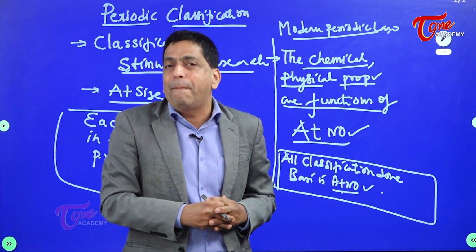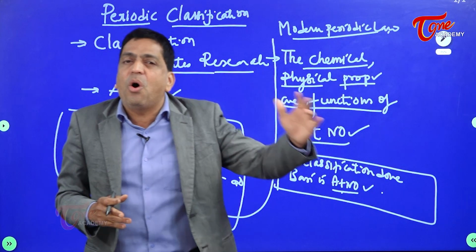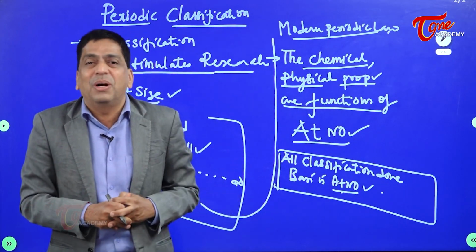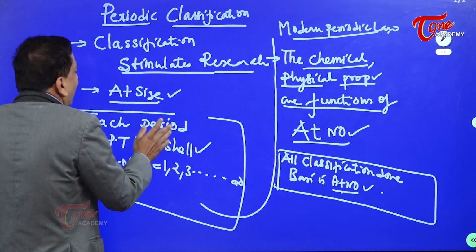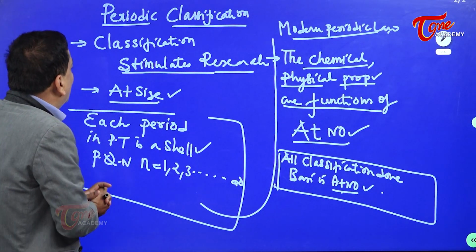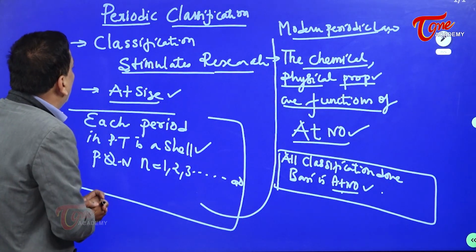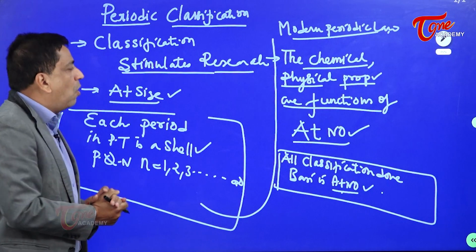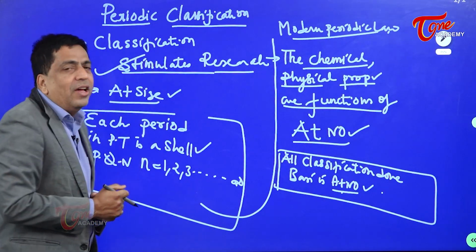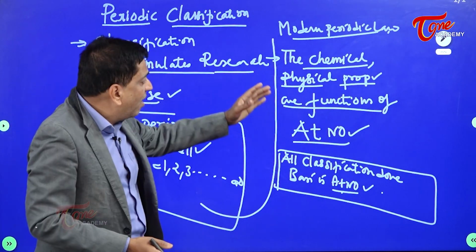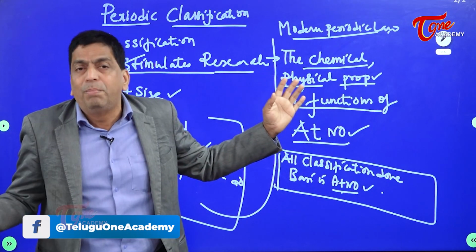Bohr's non-radiating path, Bohr's shell, Bohr's orbit, all these are nothing but periods. Before I draw that, let me tell you the classification is not simple. It rather stimulates research. There are n number of people who have attempted it earlier, but I think they have all become obsolete.